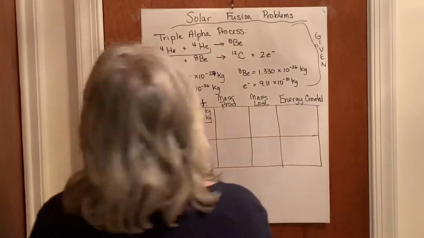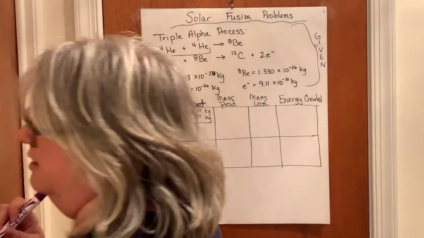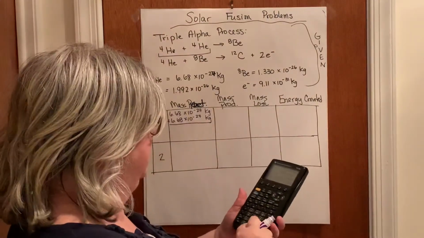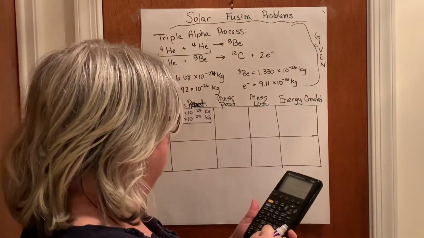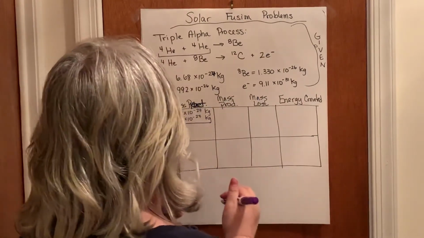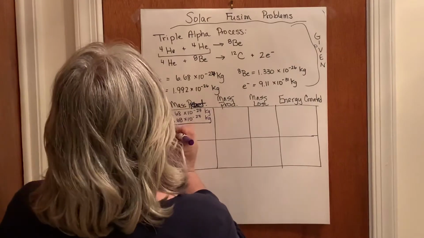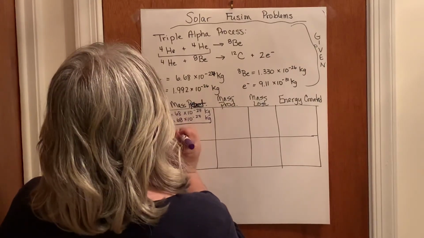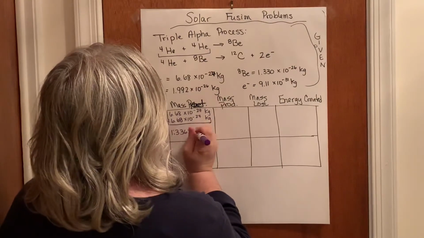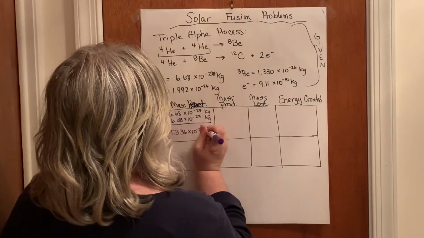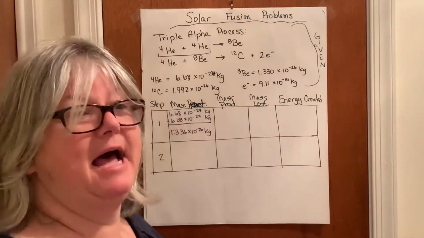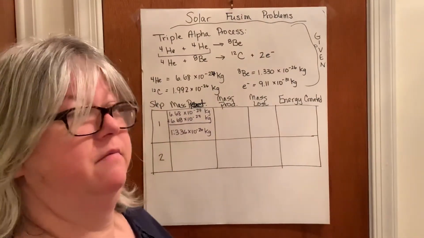I add those 2 together, grab my calculator, 6.68 times 10 to the negative 27th plus 6.68 times 10 to the negative 27th, and I get 1.336 times 10 to the negative 26 kilograms. So that's the mass that I'm starting with.